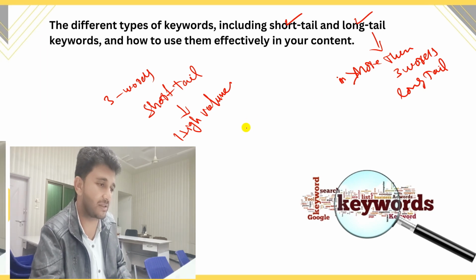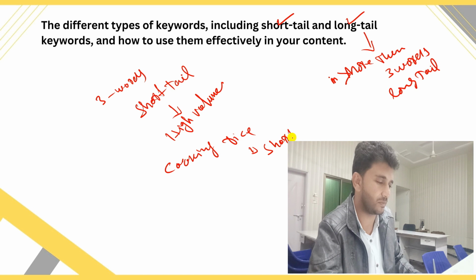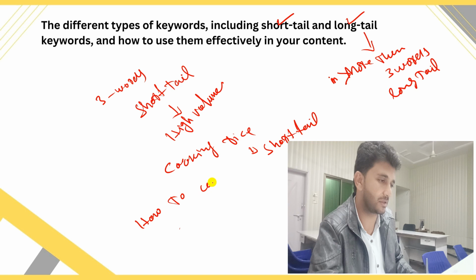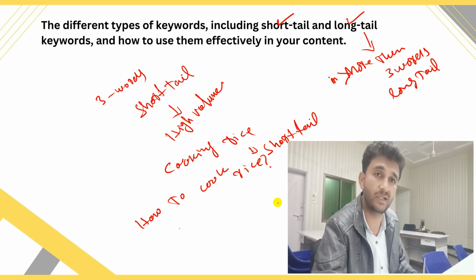For example, we take an example like cooking rice. It is a short tail keyword. What if we ask how to cook rice? It is now somehow a long tail keyword.